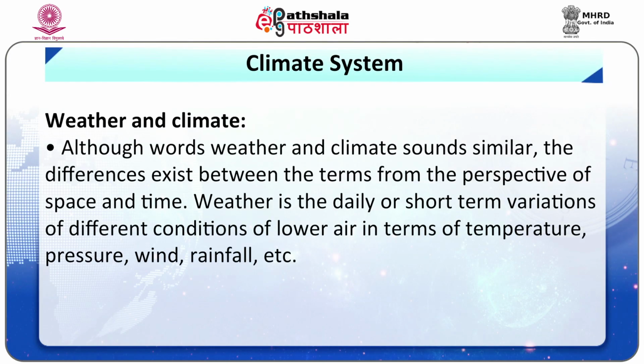Before we discuss the climate system, it is pertinent to know the difference between weather and climate. Although the words weather and climate sound similar, the difference exists between the terms from the perspective of space and time. We have studied that weather reflects the state of atmosphere at a particular time and place. Weather is a daily or short-term variation of different conditions of lower air in terms of temperature, pressure, wind, rainfall.